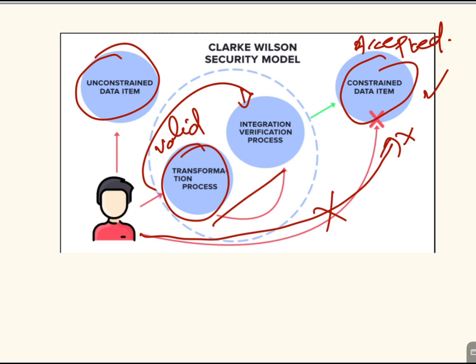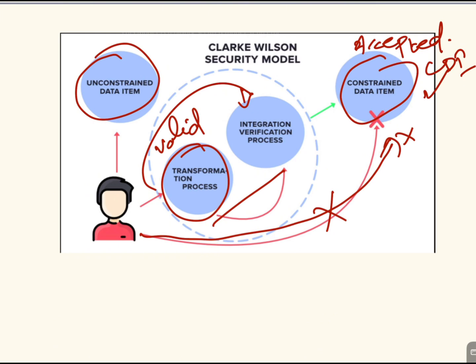Medical record management ensures only authorized doctors can update patients' data. So the user cannot directly modify critical data, the constrained data item, or CDI. All changes must go through a verification and approval process. This ensures integrity, prevents fraud, and stops unauthorized data tampering.